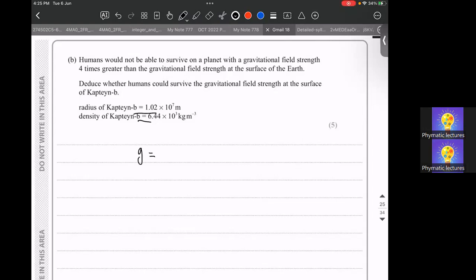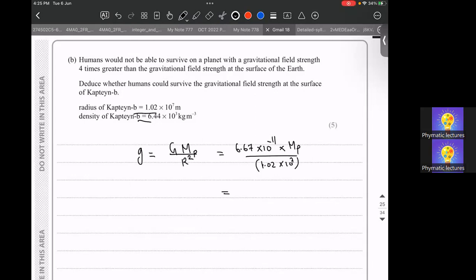Basically, the equation for g is G into mass of the planet divided by the radius of the planet square. G is 6.67 into 10 raised to minus 11, a universal constant. The mass of the planet is unknown, and the radius is 1.02 into 10 to the power of 7.